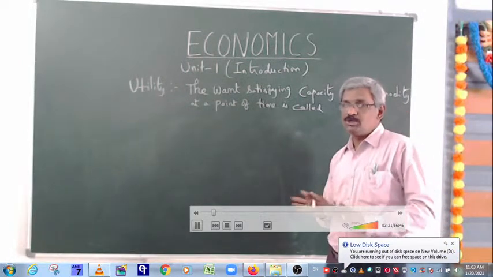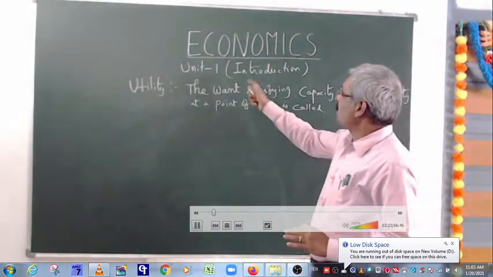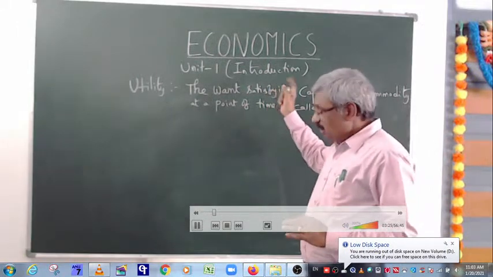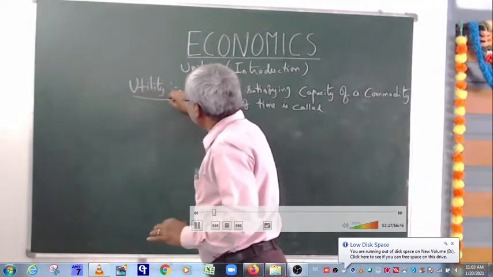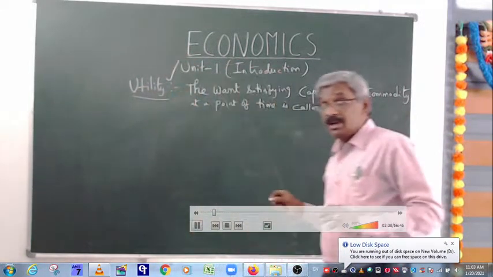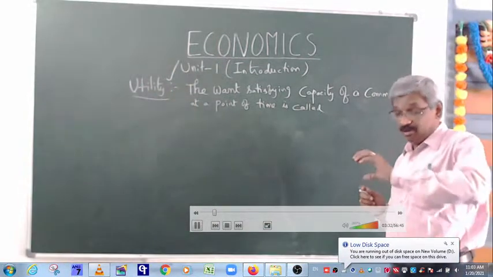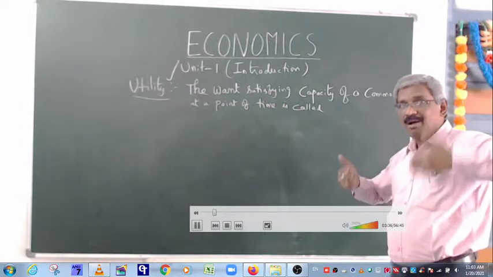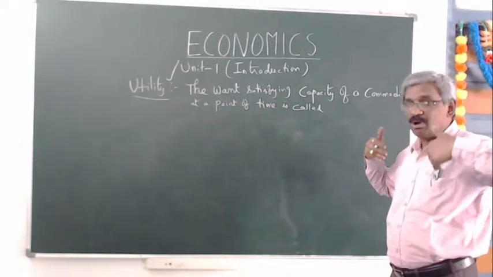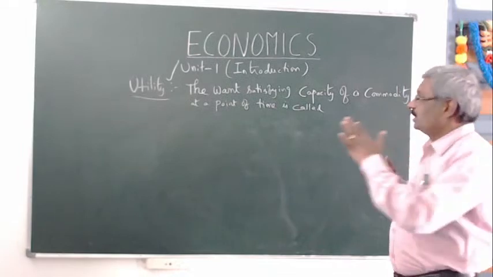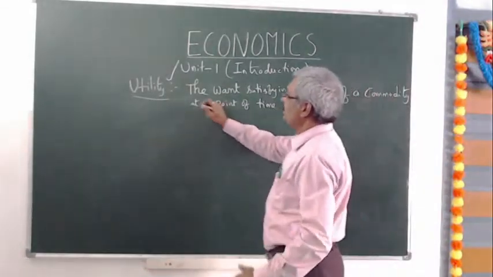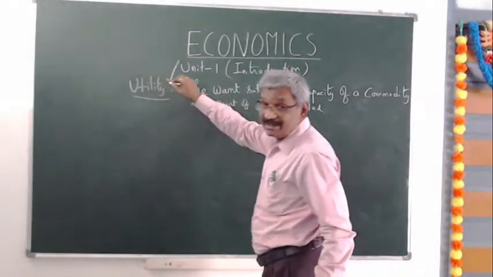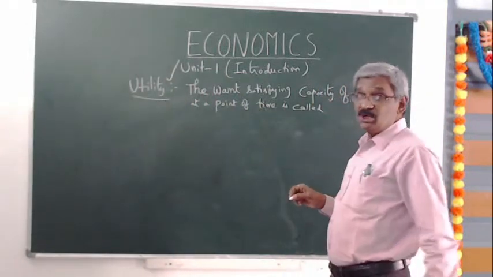Now we continue with the first chapter, the introduction chapter: utility. This is a very important concept. First of all, we learn all these concepts by heart. What is utility?